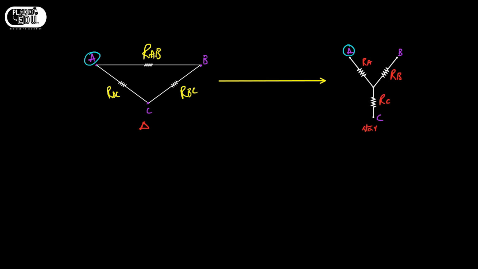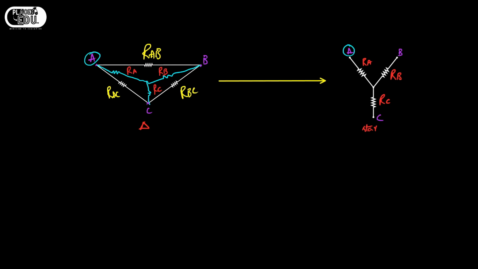So I have to draw it like this, and this one here, this one here. Naming them, this is RA, RB and RC. This is a must. Many people get confused and may change the terminals, but this is what they have to do.